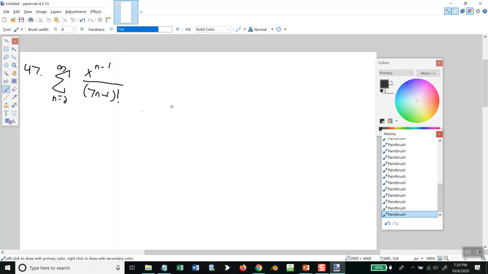Now this one starts at n equals 2, and I want to rewrite it so it starts at 1. Well, if I start thinking about some possibilities, for n equal to 2, if I put 2 in for n, 2 minus 1 is 1, so I'm going to have x to the first over 7 times 2 is 14, minus 1 is 13, factorial.